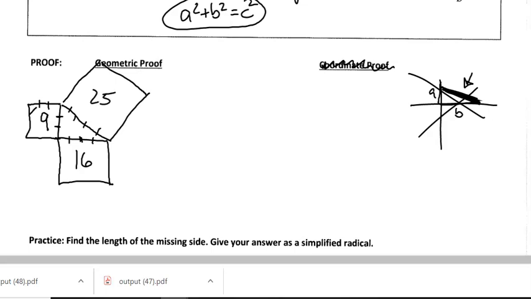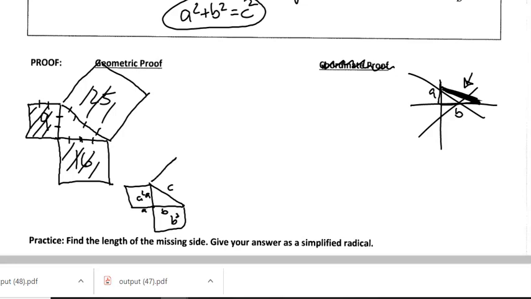And what you find is that the area of this plus the area of that equals the area of this one. Now, instead of calling that 3, 4, and 5, if this was a length of A, a length of B, and a length of C, this would have an area of A by A, which is A squared. This would be B by B, which would be B squared. And this is C by C, which is C squared.